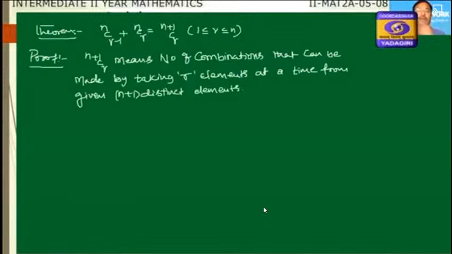N plus 1 CR means the number of combinations that can be made by taking R elements at a time from the given n plus 1 distinct elements.